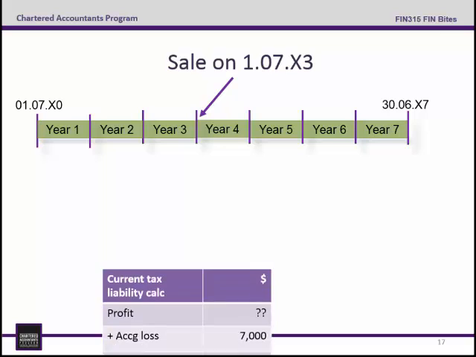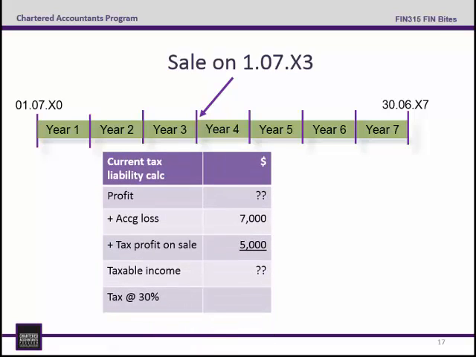Here's my timeline again, just to give you an idea of what's happening. I'm doing this at the beginning of year 4. What I'm trying to show you here is that, at this stage, we don't know what the profit for the year is, but I'm adding back $12,000 with these 2 adjustments.